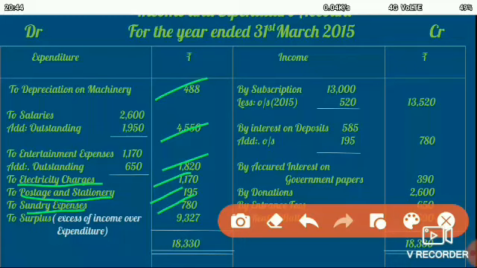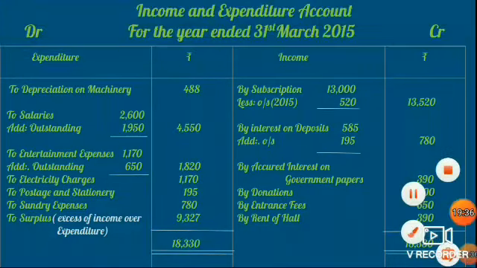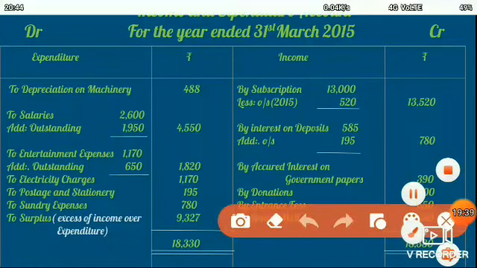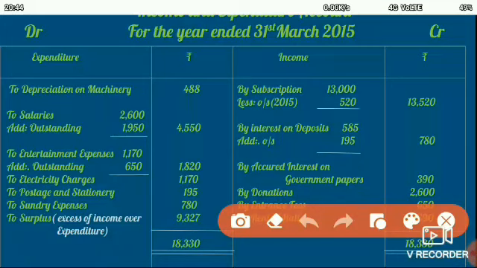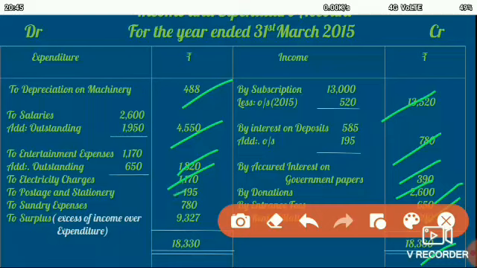After posting all the expenditure accounts, we compare both sides, the income as well as the expenditure side. If we add subscription, interest on deposit, accrued interest on government papers, donations, entrance fees, and rent of hall, we get a total of 18,330, which is greater than the total expenditure of depreciation on machinery, salaries, entertainment expenses, electricity charges, postage and stationery, and sundry expenses.